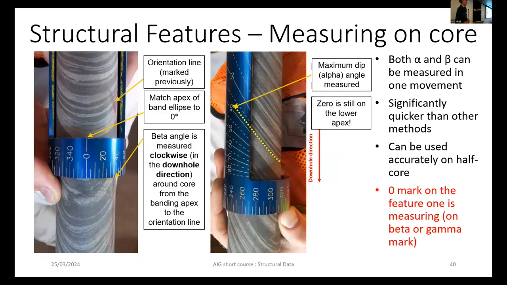It's the same thing with the chronometer. That's an American instrument which only allows you to measure up to 5-degree differences. That's why I don't like it, both on the dip and on the beta measurement. Sometimes you also have to put the core in the other way around to be able to measure a dip, and on half core it's an absolute pain to use. The second problem is that they come in an HQ and an NQ variant.